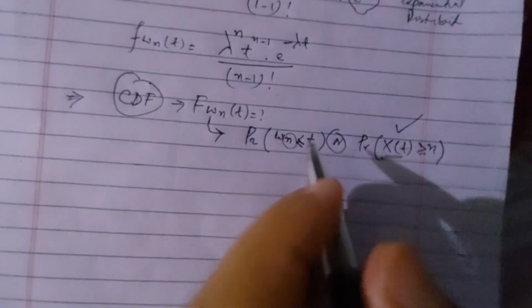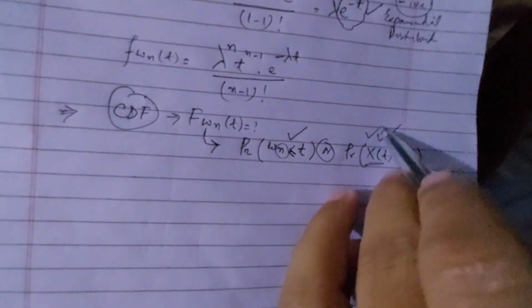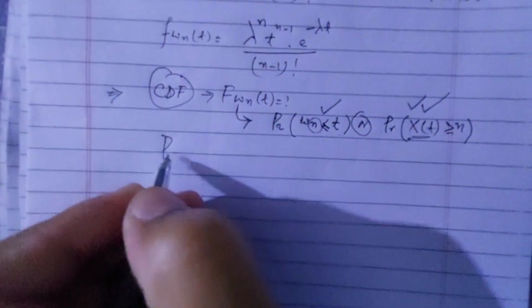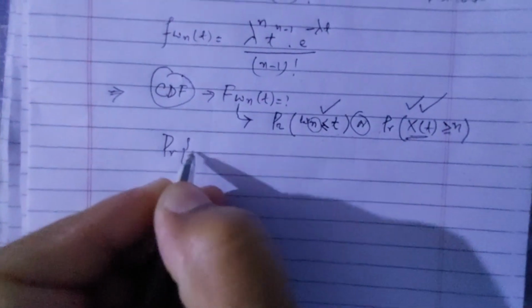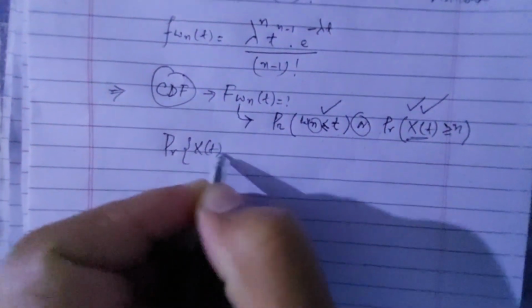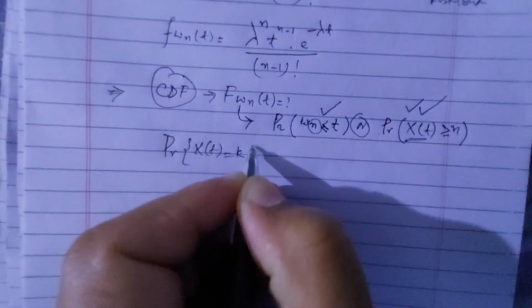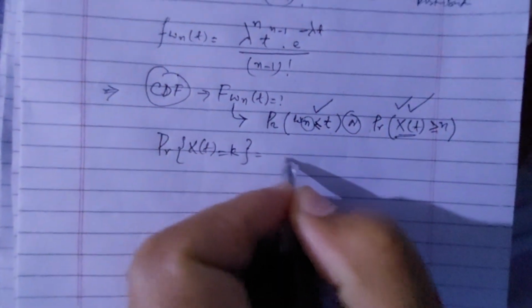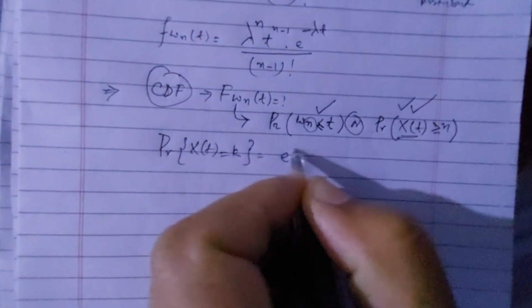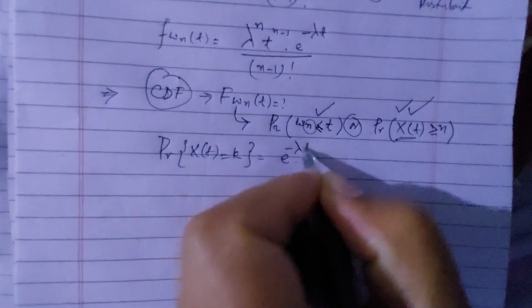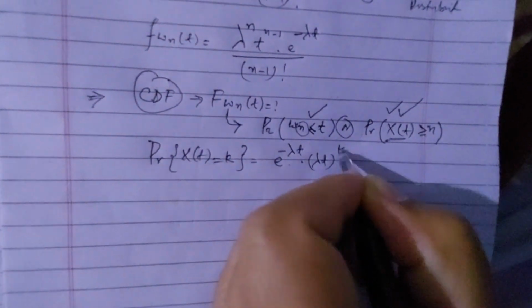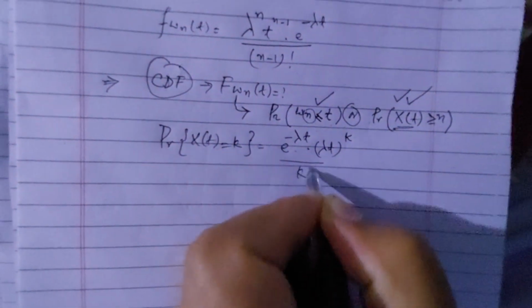If we see this, it follows the Poisson distribution, just like we do in Poisson, that the probability of X of t equal to k is equal to e raised to the power minus lambda t, lambda t raised to the power k, divided by k factorial.